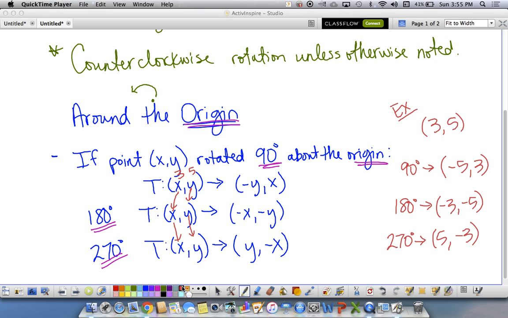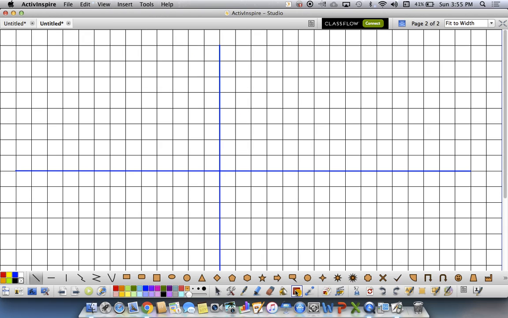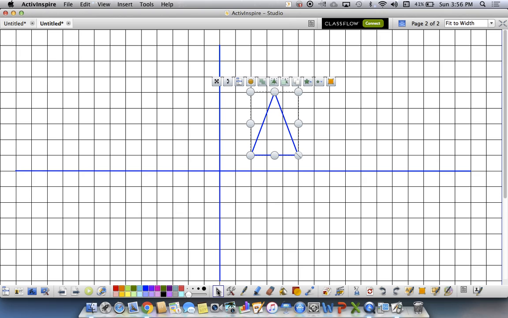Whew. Let's look at an example. We have to recall and remember these. I've got a graph up here already. We're going to put a triangle because those are probably the easiest things to rotate. I don't like that it's always an isosceles one, so I'm going to move it to where it's not isosceles. I know that's not a drastic change, but to me, it helps. Point A is (2, 1).